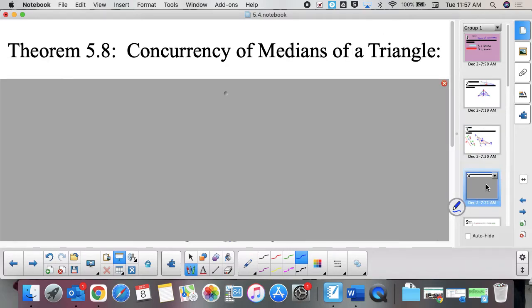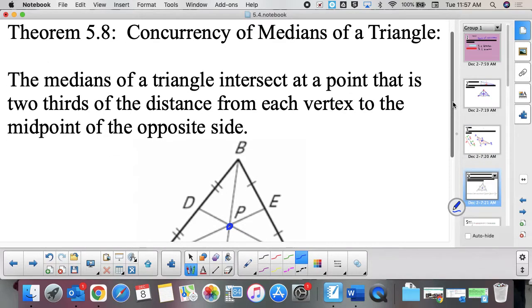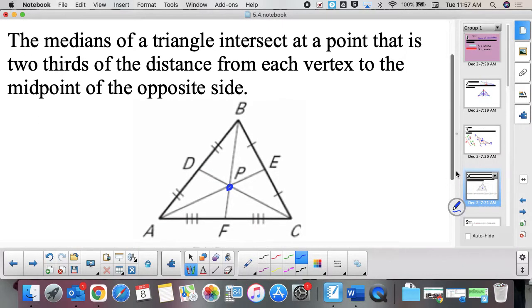And that's what your theorem is going to say. The medians of a triangle intersect at a point that is 2/3 the distance from each vertex to the midpoint of the opposite side. Now, one key thing here. You are going from the vertex to the midpoint.